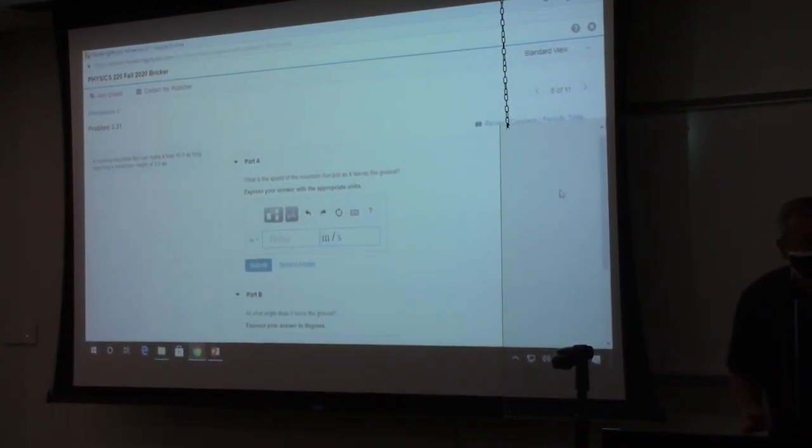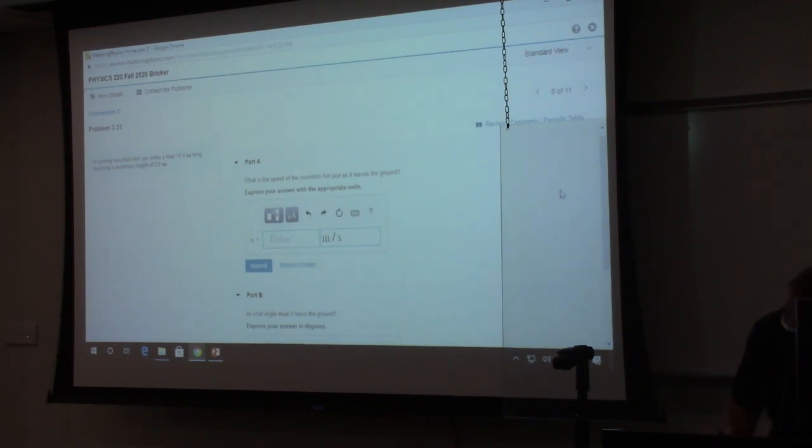And we want to know what is the speed. I'm just going to draw this one out and then leave most of this one to you. So a leap of 10 meters long and a maximum height of 3 meters. What is the speed when it leaves the ground? And then at what angle does it leave the ground?